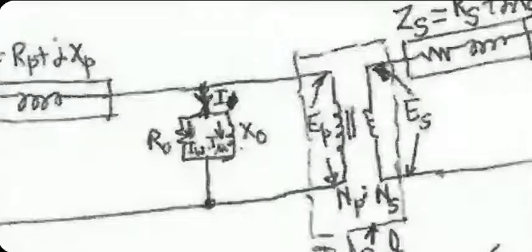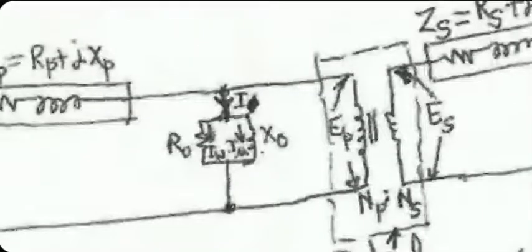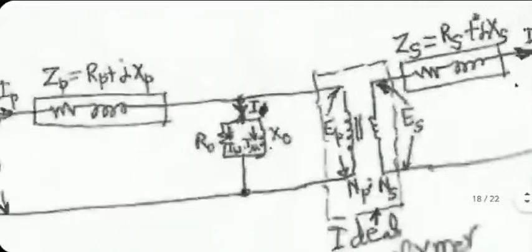The total current flowing in the core is denoted by I phi. The symbol is phi there. It is broken up into two parts, IW, which is actually the core loss in wattage, and I mu, which is the magnetization part of the current. These two currents, IW and I mu, are 90 degrees out of phase with each other.